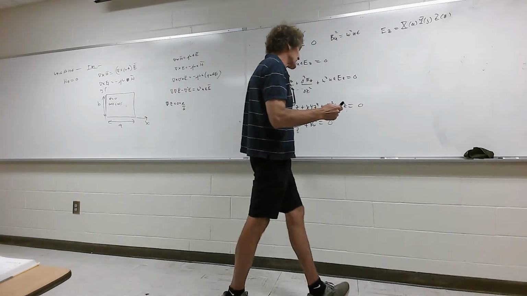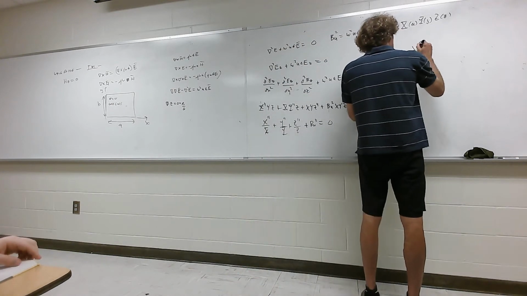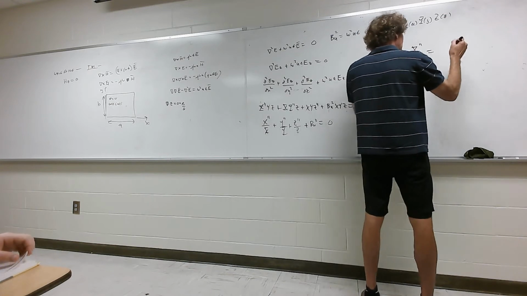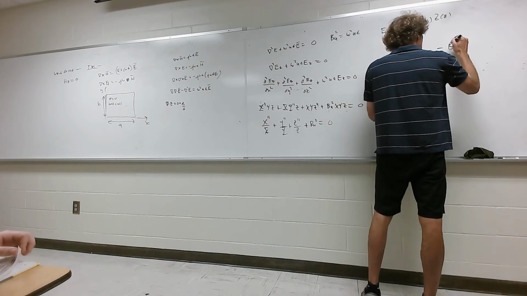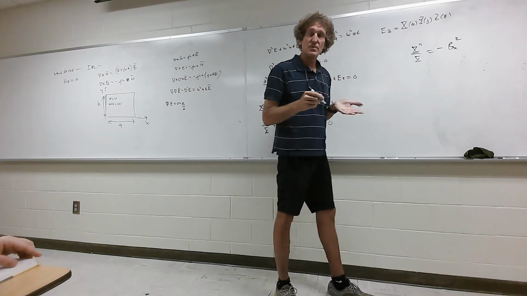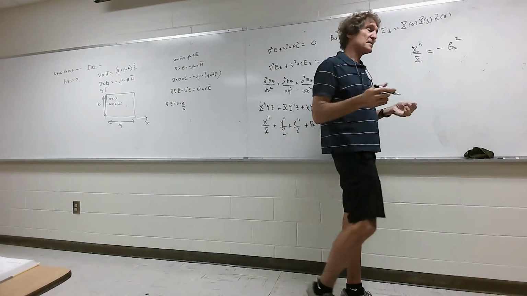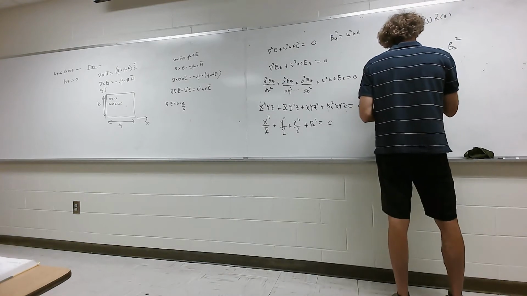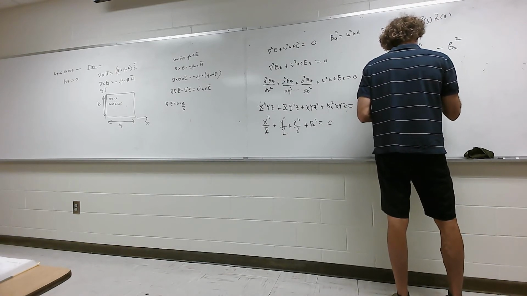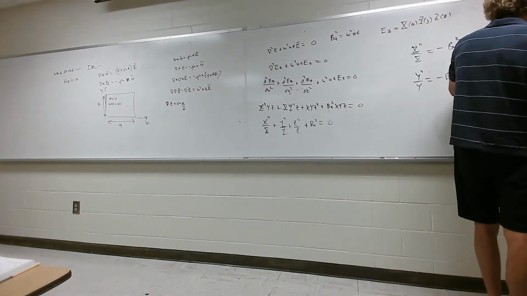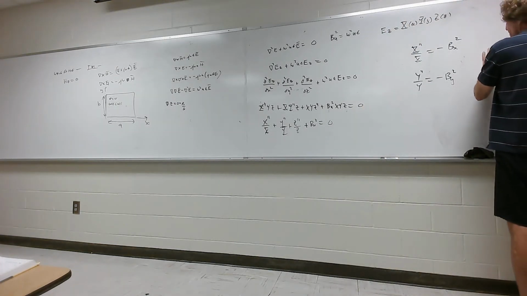And what they'll do is they'll say x double prime over x is going to be some constant. We call it minus beta x squared. That's consistent with Wentworth's book. It doesn't matter what you call it, but I'm trying to stay consistent with his book. You'll take y double prime over y equal to minus beta y squared. Now, Wentworth's book does this differently than I'm going to.